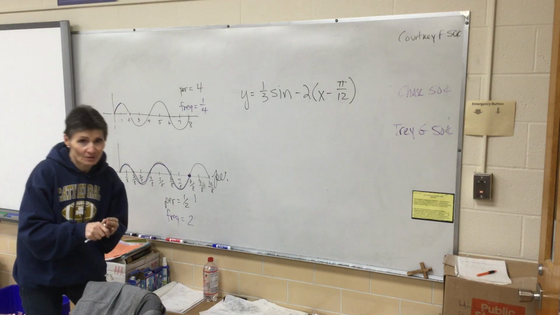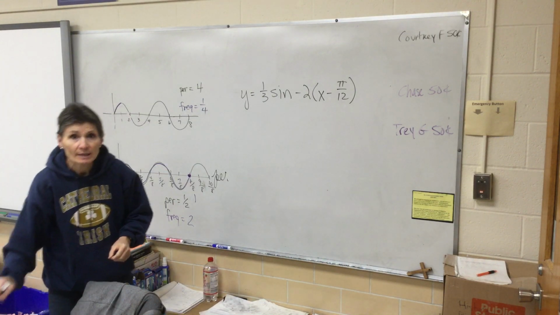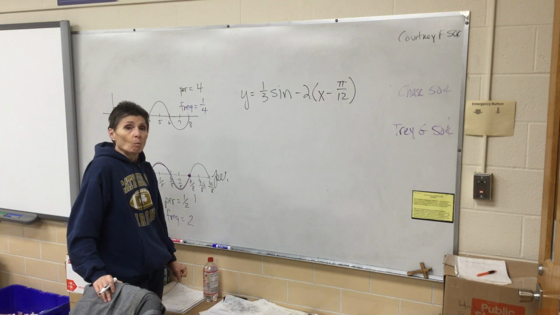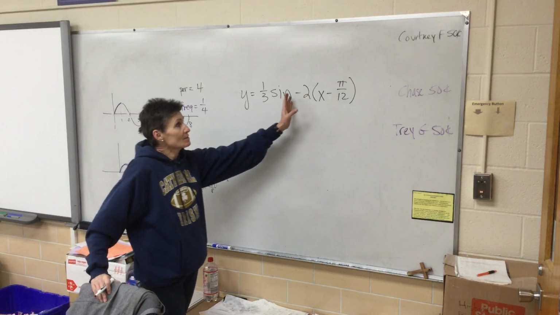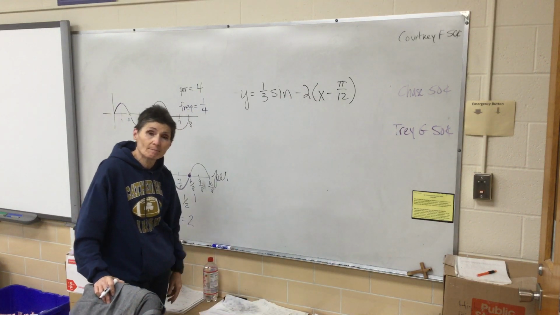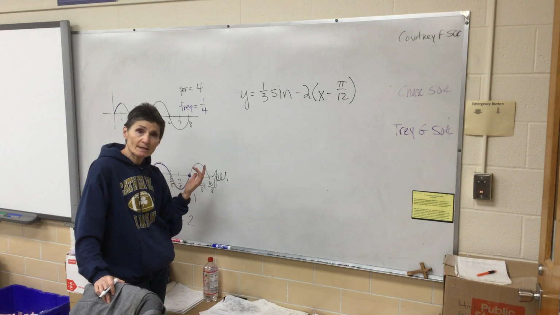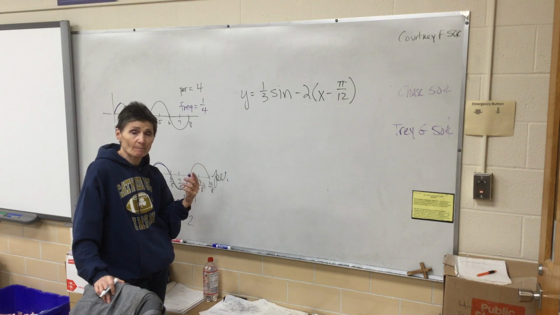Now, here's another thing that I don't know if you know or not. When you have negatives buried inside the problem, you know those are reflections across the y-axis. You learned that earlier in the year.